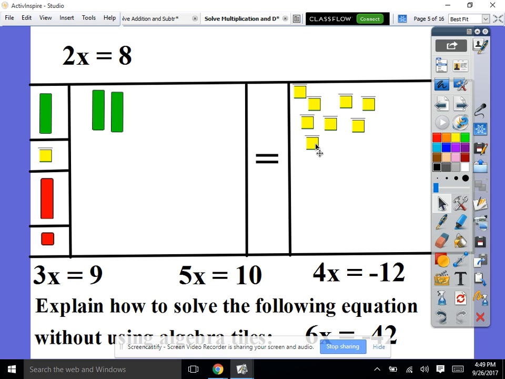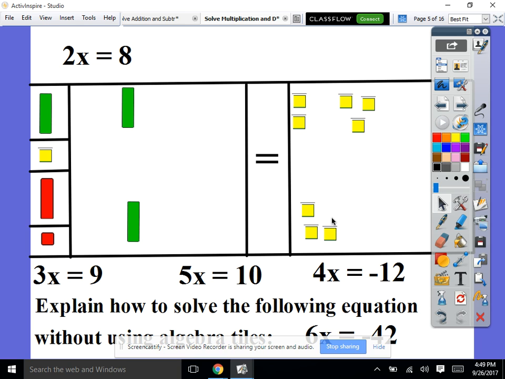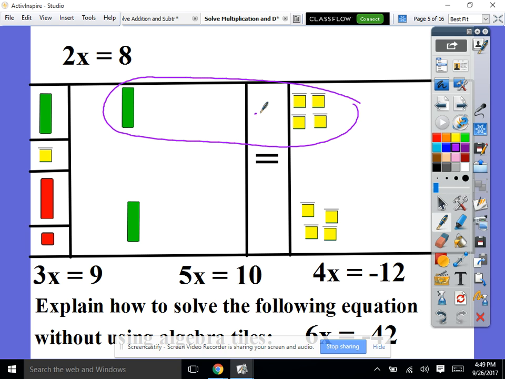I need to know what 1x equals, so I can separate or divide these x's into two groups, which means I need to separate on the right side my 1s. So 1 there and 1 there, and 1 down here and 1 there, and 1 down here and 1 there, 1 down here and 1 there. So if 2x equals 8, then 1x equals 4.